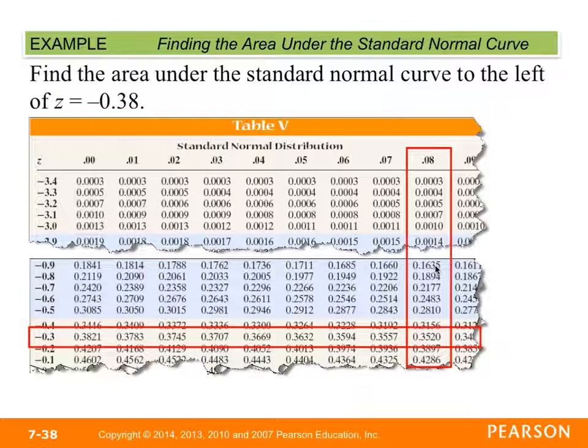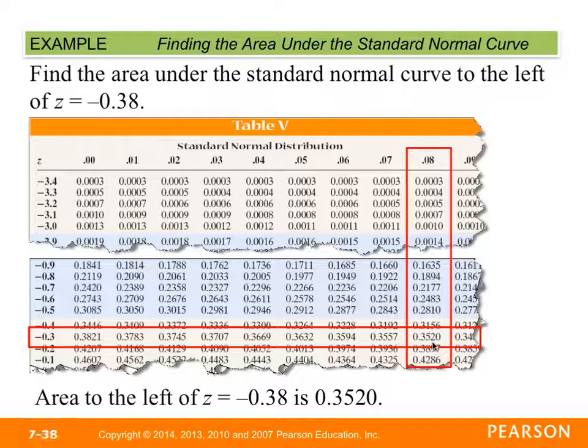If you're on page A12 that has all of your positive z-scores, you've got to flip back one page to find the negative z-scores. Since we know negative 0.38, we're going to go down to z equals negative 0.3 and then over to the 0.08, and we end up with 0.3520.